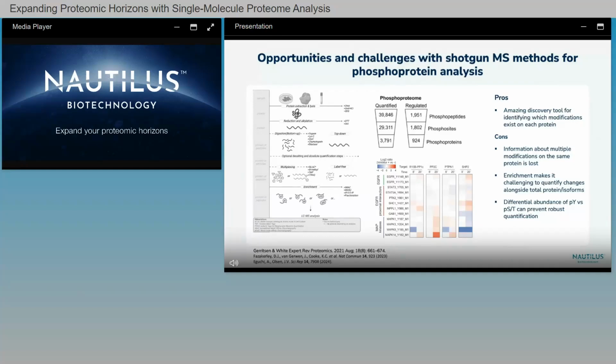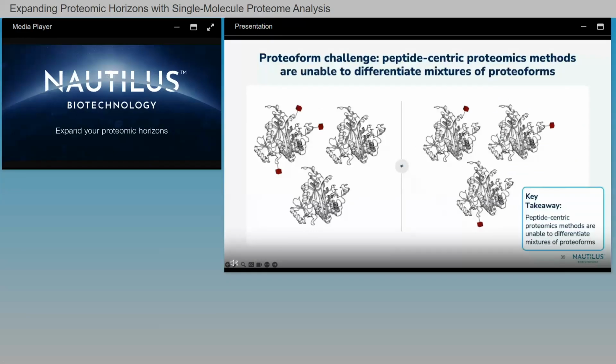Additionally, it can also be challenging to quantify how much was the protein abundance overall changed versus the abundance of each of these variants. This is most easily understood in looking at this diagram, where we have two samples represented. The first sample on the left contains one molecule that's triply modified, and then two molecules that are unmodified.